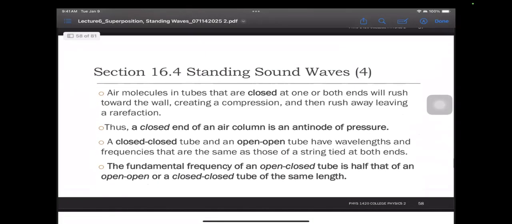But there are two other kinds of tubes. Air molecules in tubes that are closed at one or both ends will rush towards the wall, creating a compression, and then rush away, leaving a rarefaction.